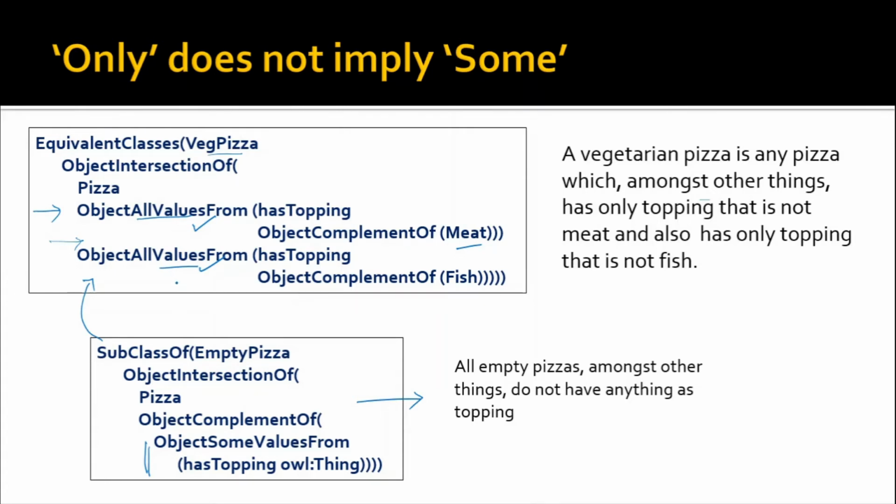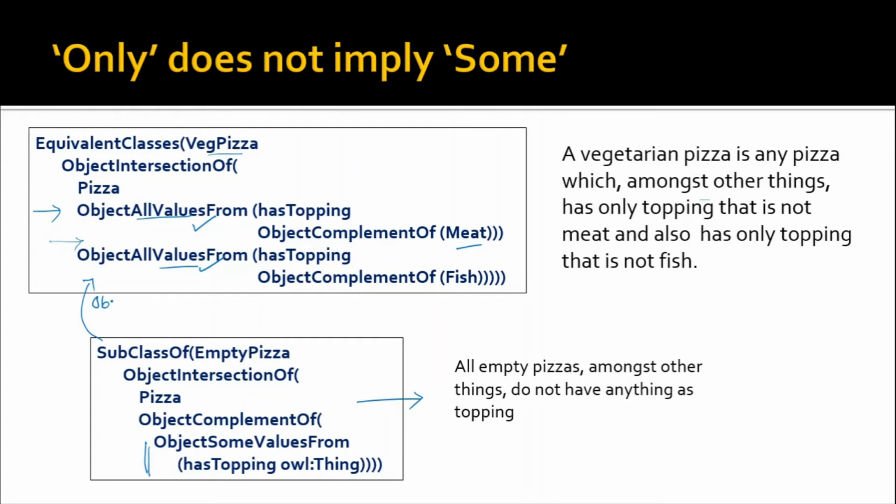So if you do not want that, you want to come up with the proper definition of this veg pizza. Here, along with this all values from, you have to also say that it has got a topping.